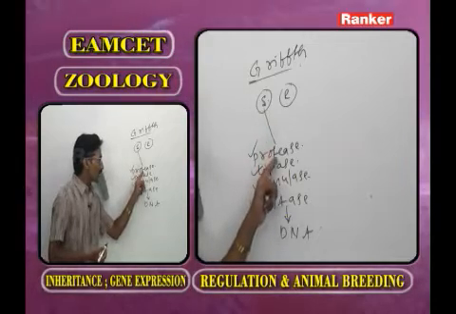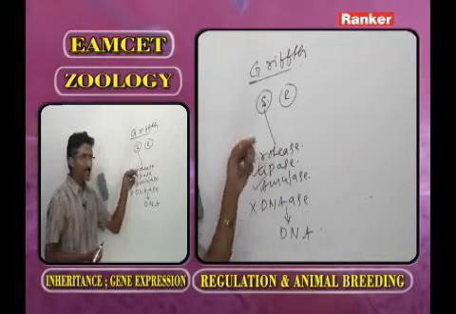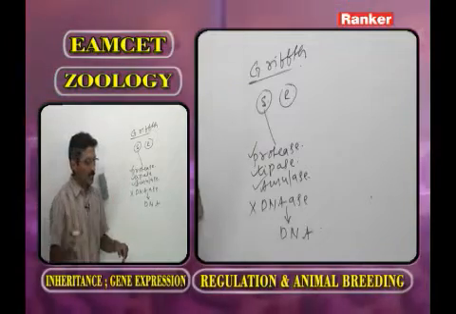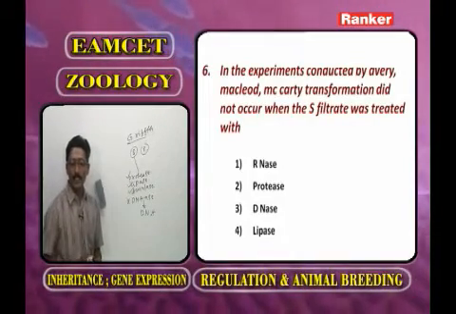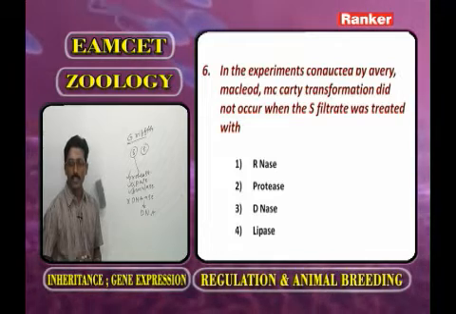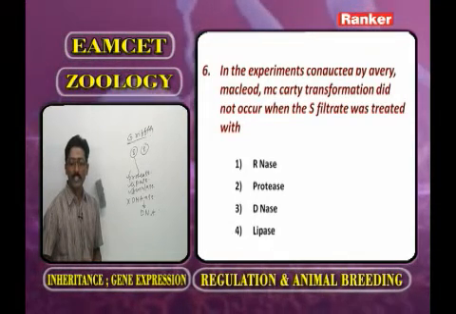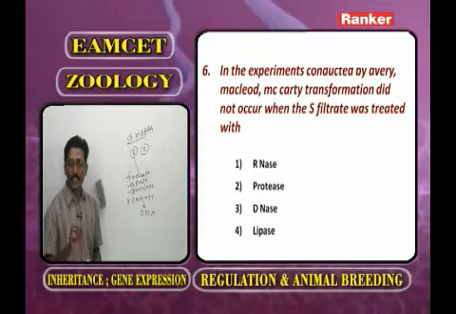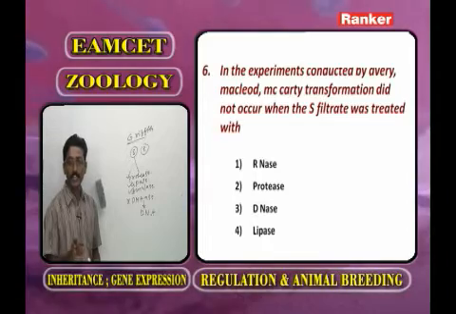Whenever it is treated with protease, lipase, or amylase, the material in the S strain is not digested, so it is transferred. Now here they are asking, in the experiments conducted by Avery, McLeod and McCarty, transformation did not occur when the S filtrate was treated with what type of enzyme? The DNase.